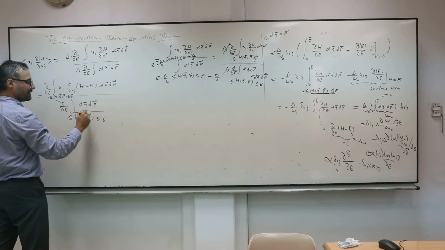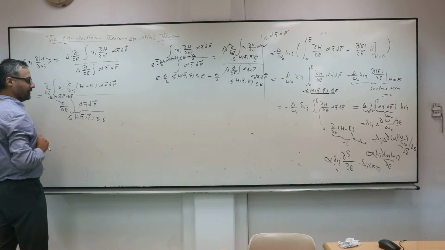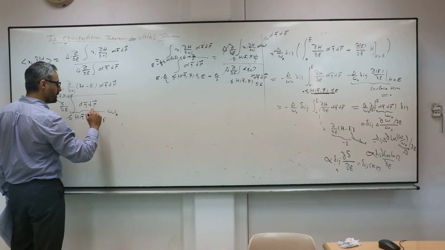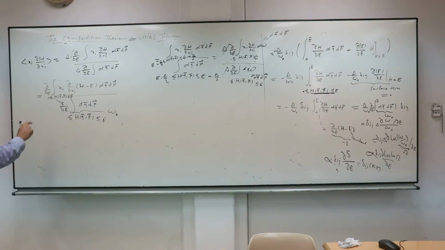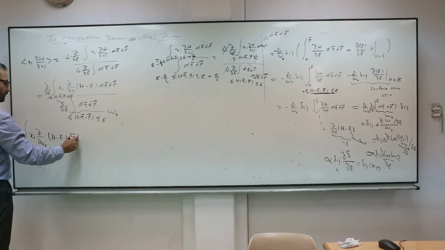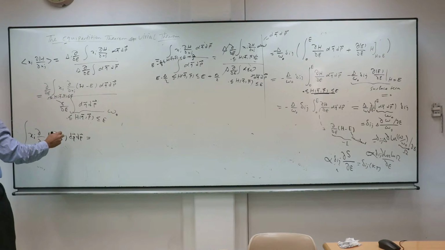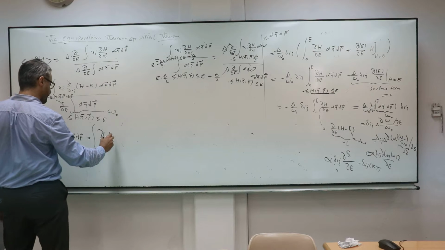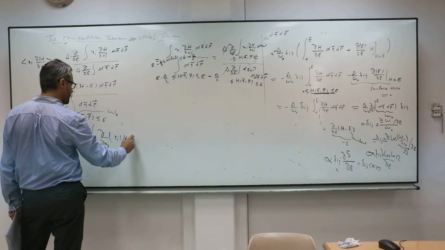What is this? This is the volume of the phase space. However you want to write it, omega 0 or anything. And that we use exactly again the Gauss theorem, like what you reduced before. I write it like xj partial xi H with this.